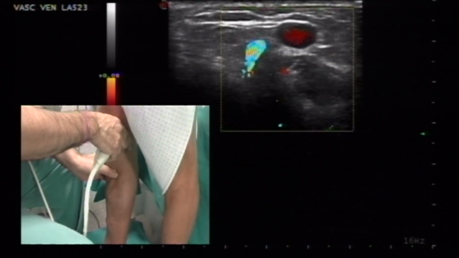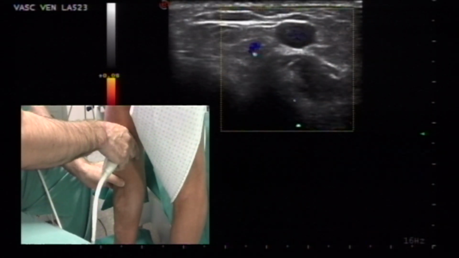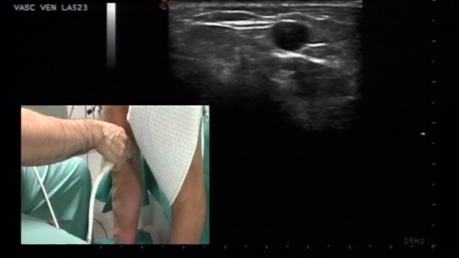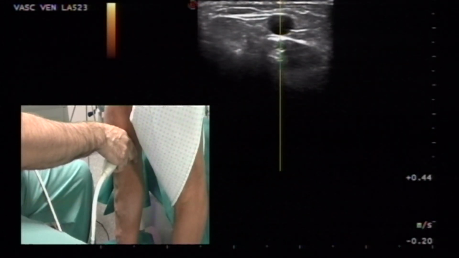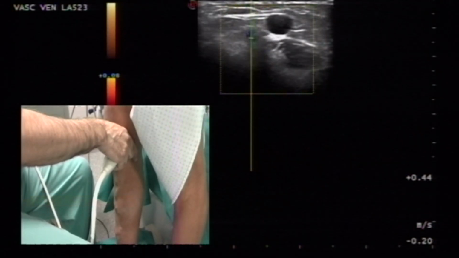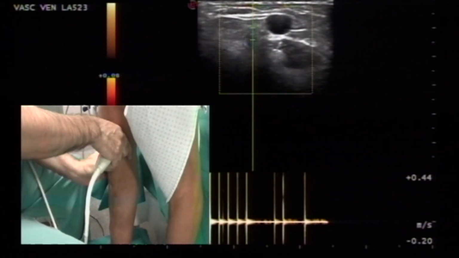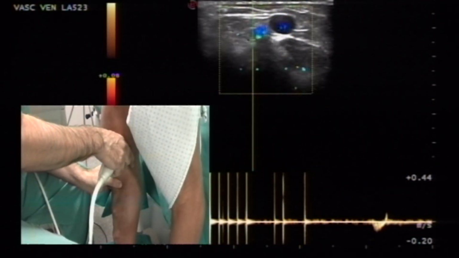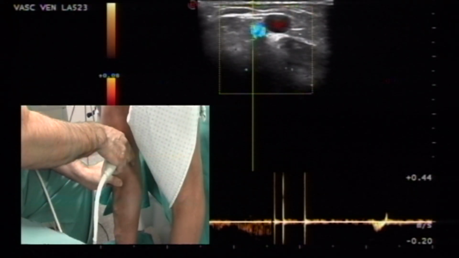Another example of competent direct perforator vein. An inward flow is clearly detectable during the swinging maneuver.